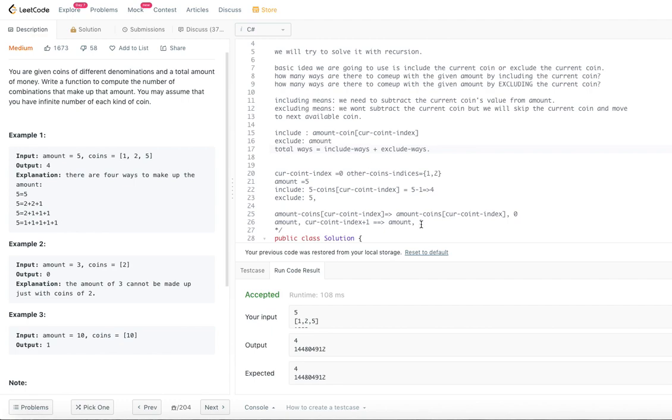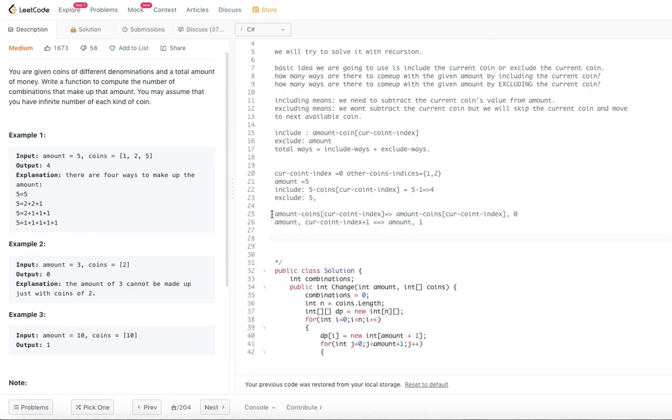So let's try to understand with a tree. You have 5, right? So in this case, what we said is we will be using 5.